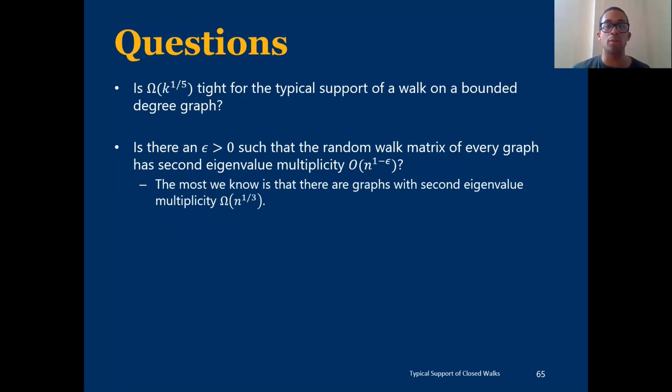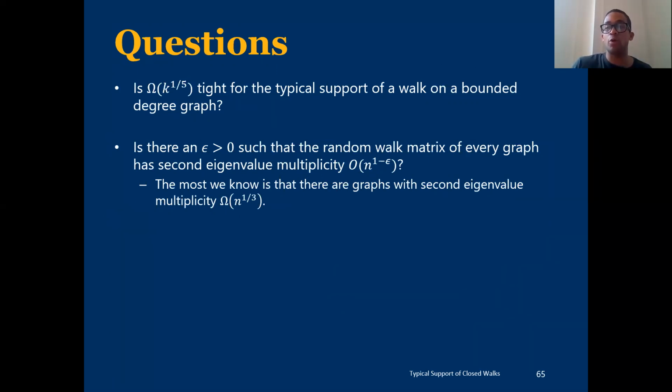Okay, just ending with a couple of questions. Is the support that we get tight? As we said, for the path, it's theta k to the 1/2. I imagine there are other examples where you could do worse than that, but the question is whether omega k to the 1/5 is actually tight.